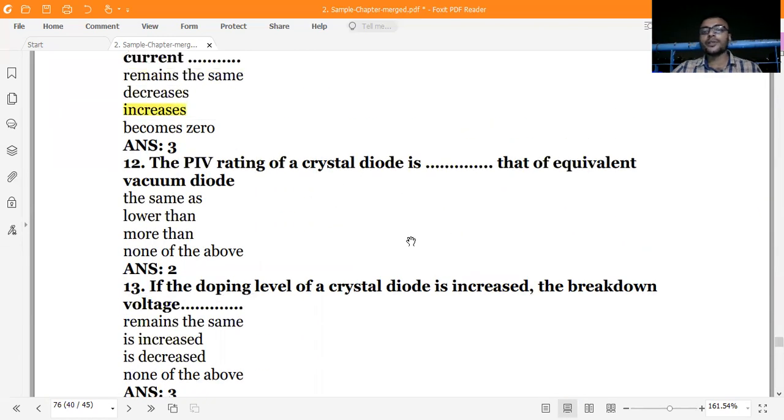The peak inverse voltage of a crystal diode compared with the equivalent vacuum diode is lower.